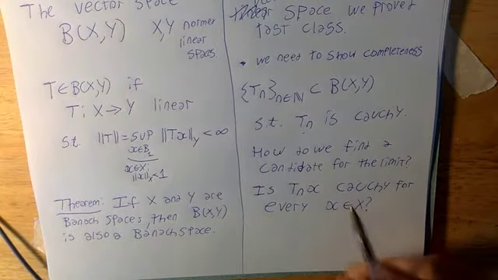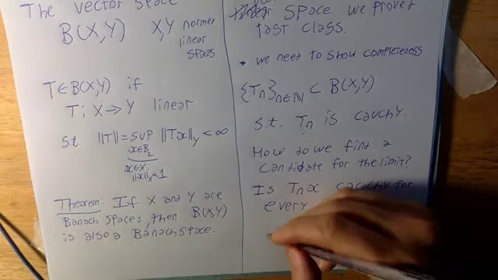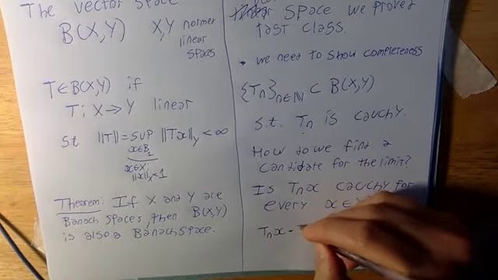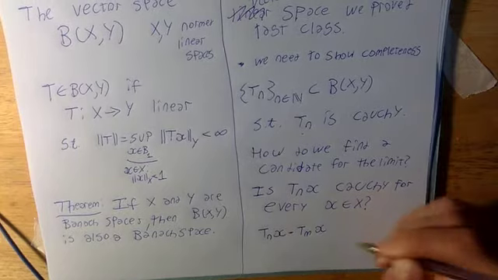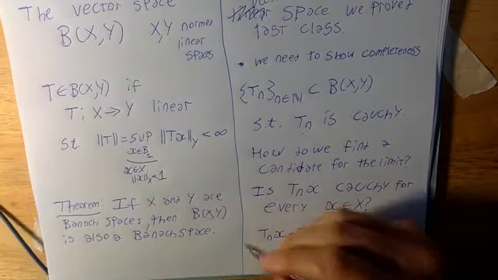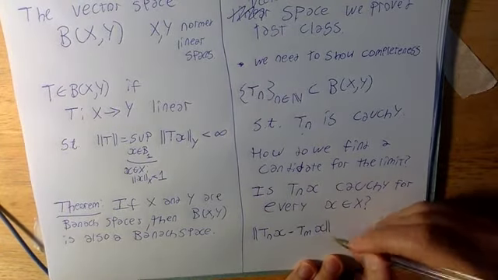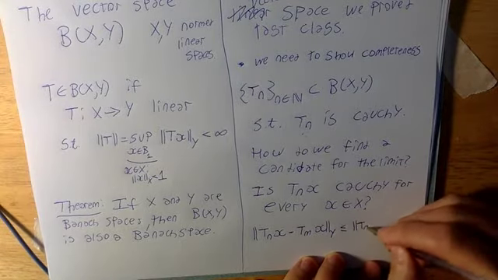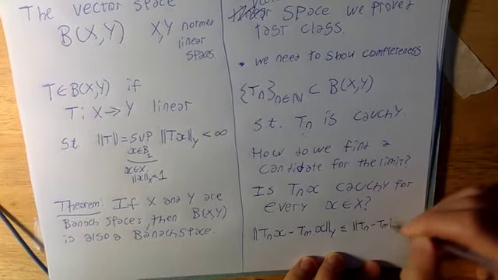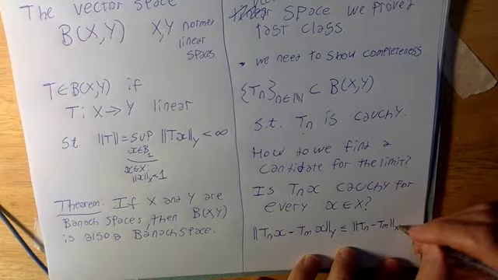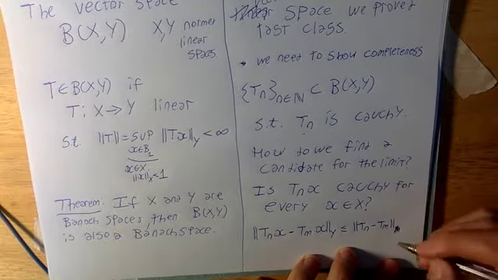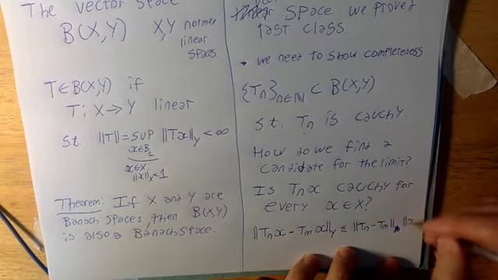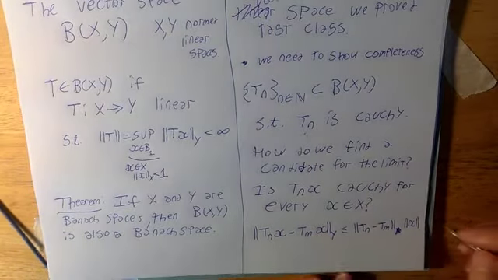So we should know that the norm in Y of Tn of x minus Tm of x is less or equal than the norm of Tn minus Tm in B(X,Y) times the norm of x.